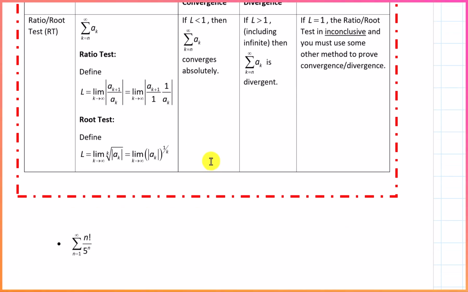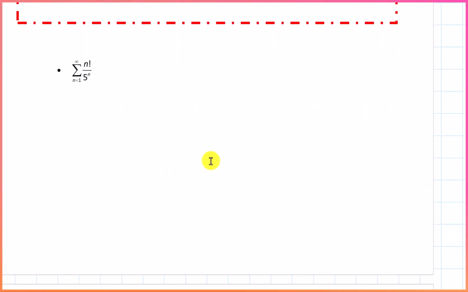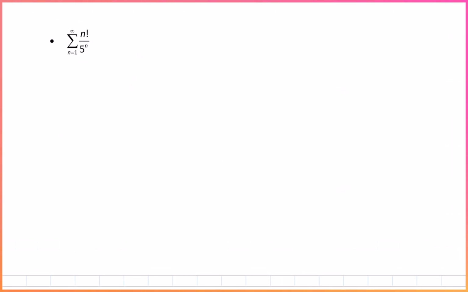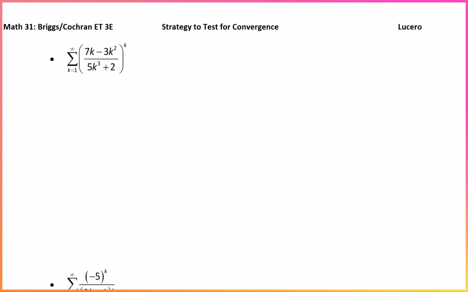So here are some nice examples, and I won't go through these again. We spent a lot of time on the examples for the ratio and the root test, but here would be a nice one. On this one, I see that factorial, and I'm thinking ratio test, and I would run that through the ratio test. This guy, I see that power to the k, and I'm thinking, ooh, this is a good one for the root test, and I would run that through the root test.